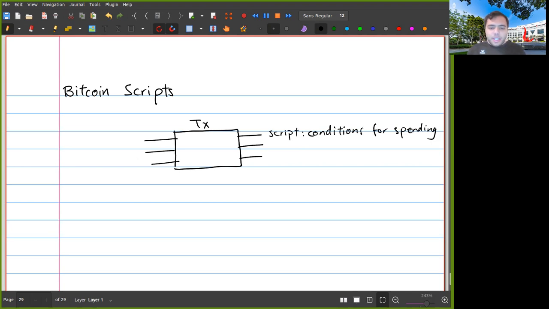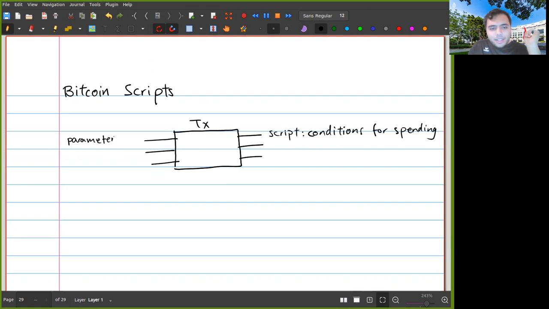And then similarly, for every input, I previously told you that in order to have this input in this transaction, you need a signature that shows that you actually own it. But actually here you also need, let's say, an input to a script, or parameters for a script, or actually another script.